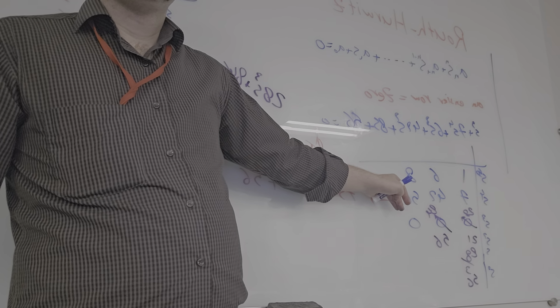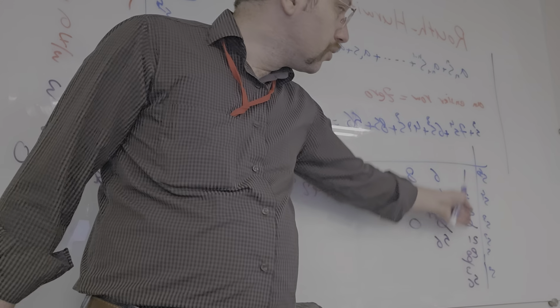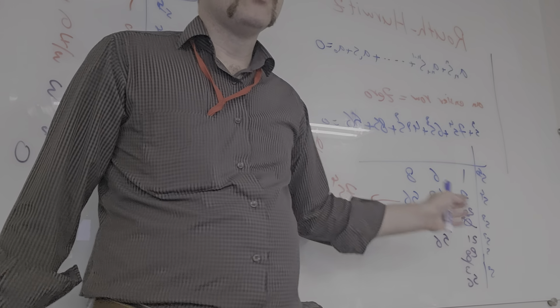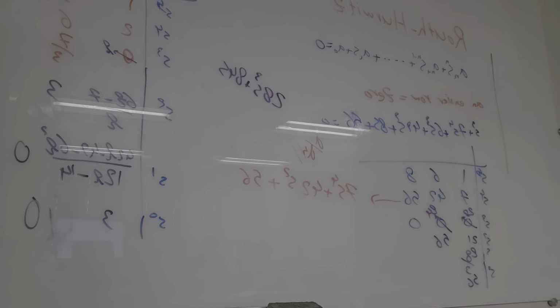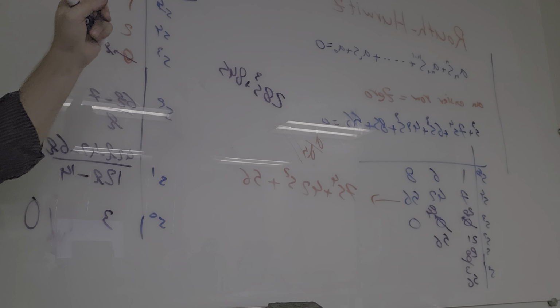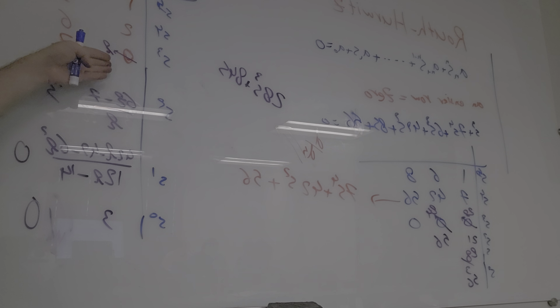So, the criteria of the Routh-Hurwitz table is no change of polarity in the first column. If we have a zero in one of the components in column 1, where the rest of the row is non-zeros, we use the epsilon trick, and we have to analyze it for both epsilon positive and epsilon negative.